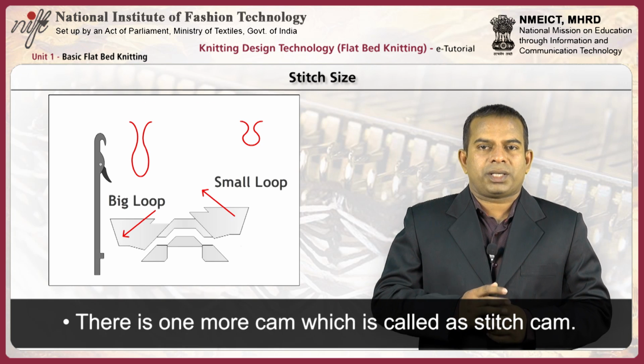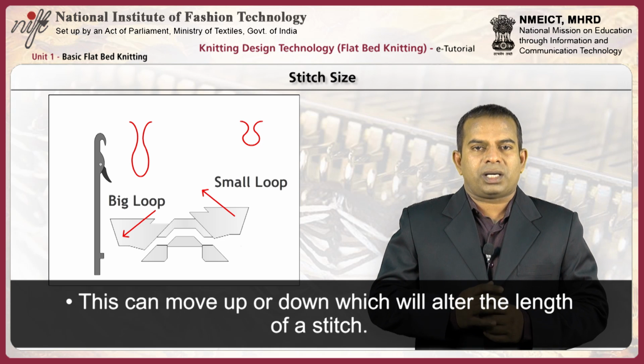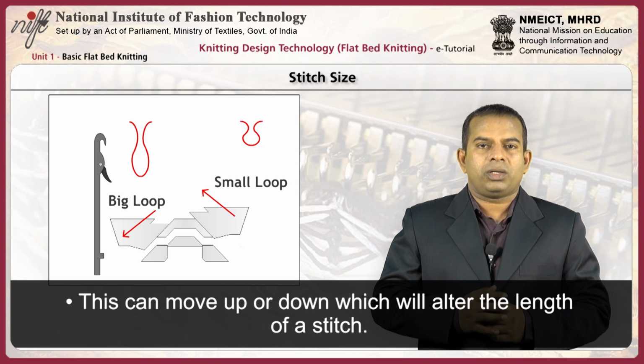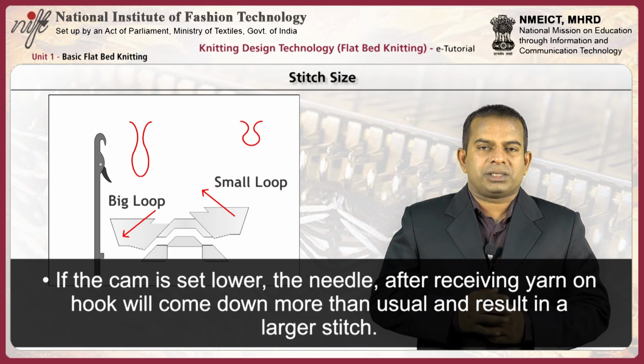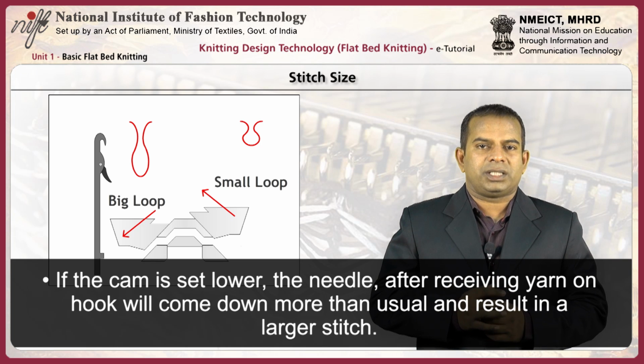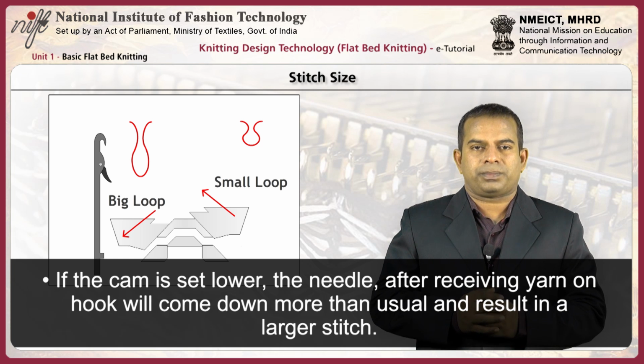There is one more cam which is called a stitch cam. This cam moves up or down, which will alter the length of a stitch. If the cam is set lower, the needle, after receiving the yarn on the hook, will come down more than usual and result in a larger stitch.